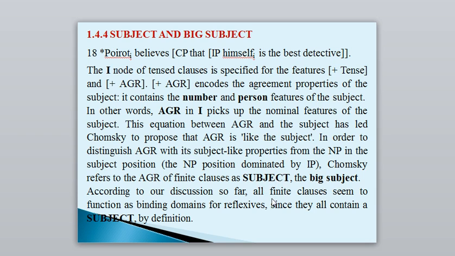According to our discussion so far, all finite clauses seem to function as binding domains for reflexives. Why? Because they all contain a big subject by definition: agreement with the subject.